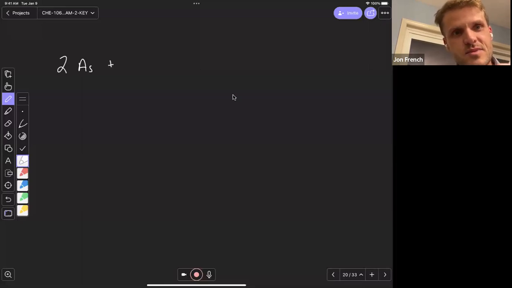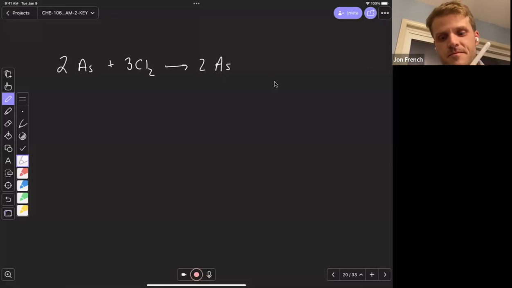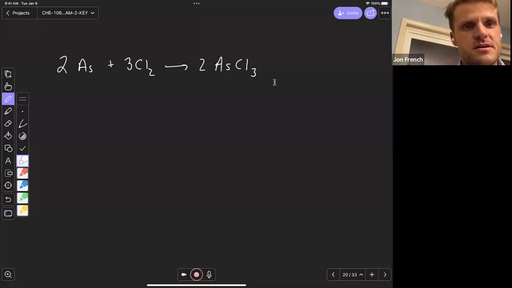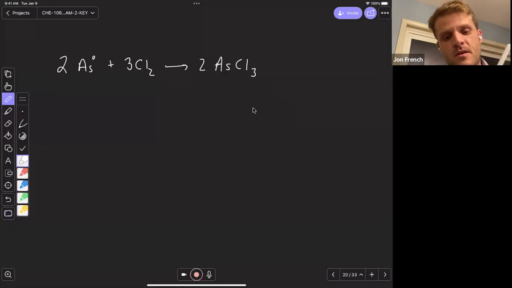Arsenic plus 3 chlorines goes to 2 arsenic. To balance that out, I think it has to be arsenic trichloride, right? Okay, so arsenic is 0.